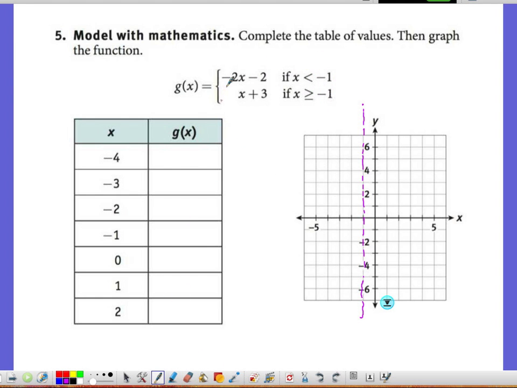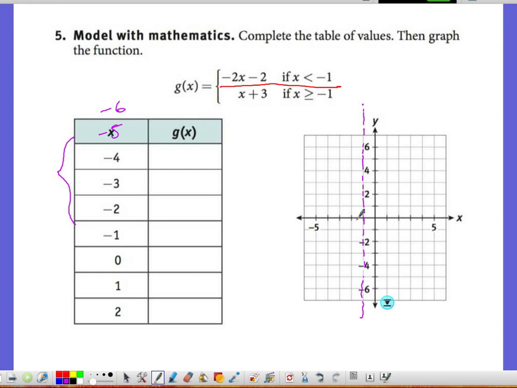And now we have to figure out which side of the wall each function rule is going to be graphed on. All you have to do is read the domain restriction. For x is less than -1, well, the left side is less than -1. Which numbers here are less than -1? Well, it's going to be -2, -4, and we can continue going to -5, -6.